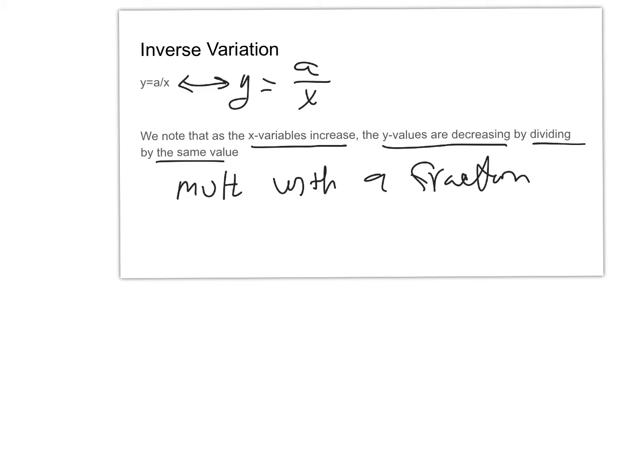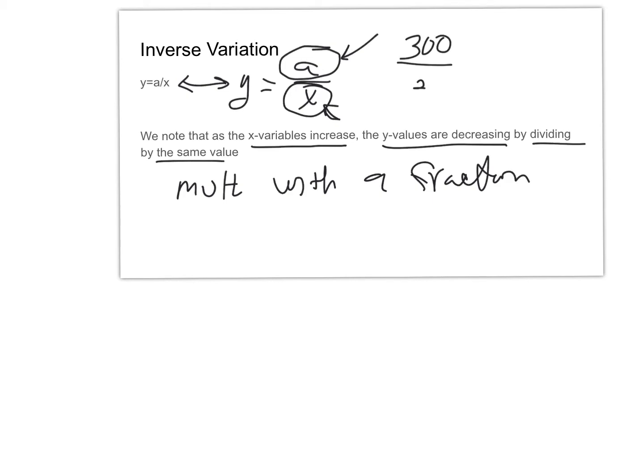Technically we're multiplying by a fraction. The reason the values go down as the x's go up is that the larger number I put in here, the smaller the result, because a is still our constant of variation and that number's not going to change. If this is, say, 300 and you divide it by 2, that's 150.